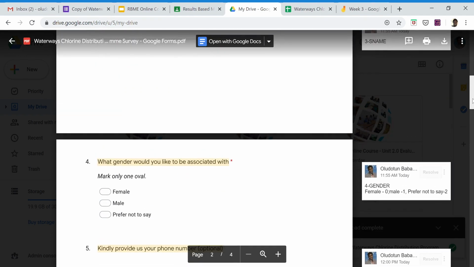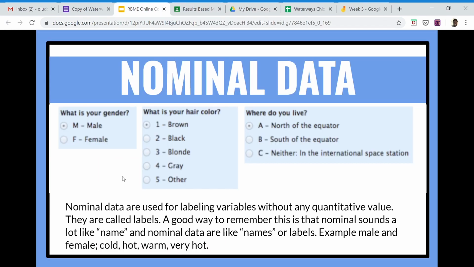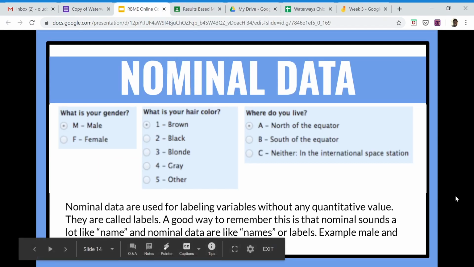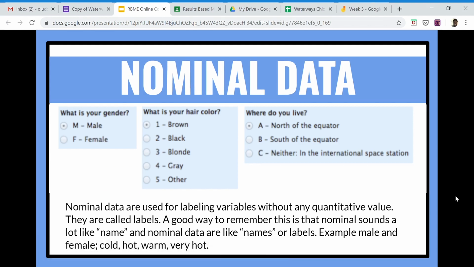So those are examples of what we refer to as nominal data. They are just used in labeling several variables that do not have any numbers. They have no quantitative value to them. That's just what it means.